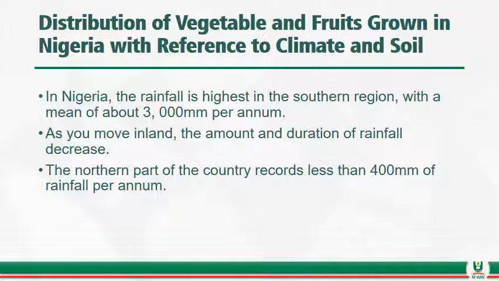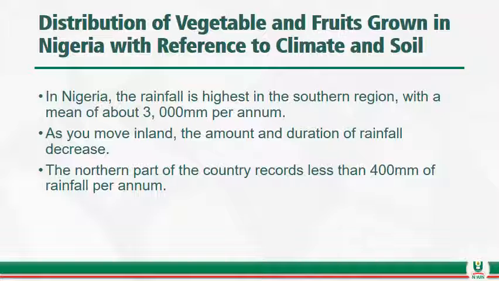How are vegetables and fruits distributed within Nigeria? Nigeria is blessed and it's a very large area with different forms of climatic and edaphic differences. So as you move up to the northern part, you have less rainfall, less disease activity, and more temperature.